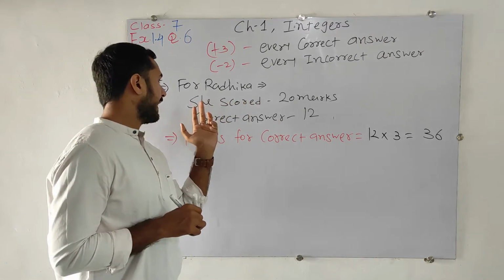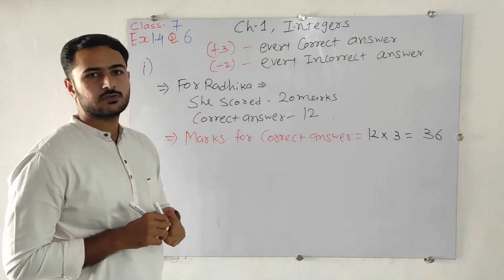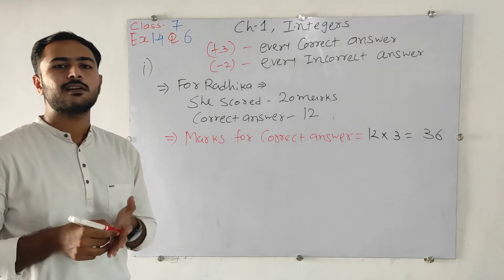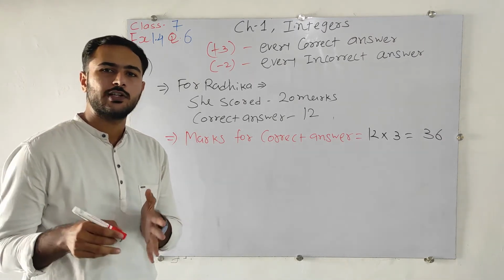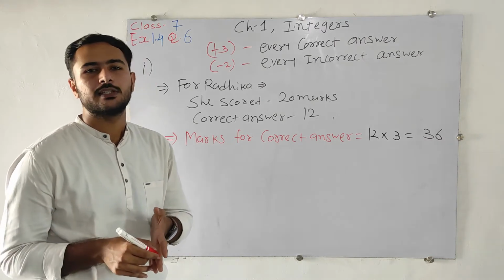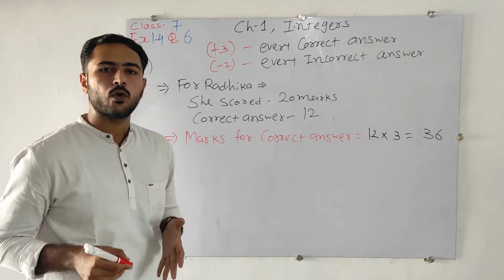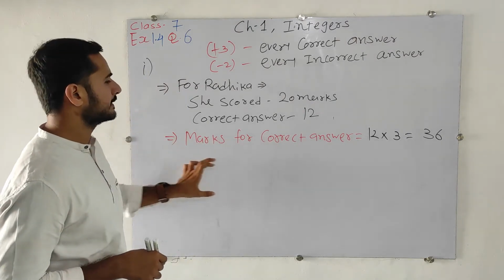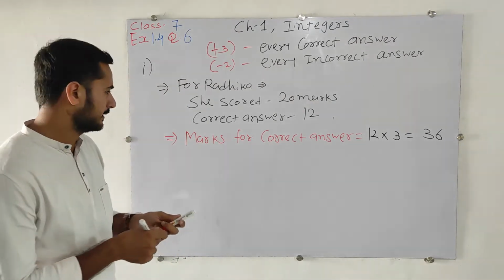Now, but the actual total score is 20 marks. So we have to find out how many questions she attempted wrong. So first of all, we need to find out how many marks she got for the incorrect answers. How will we do? The total marks minus the marks for the correct answer.